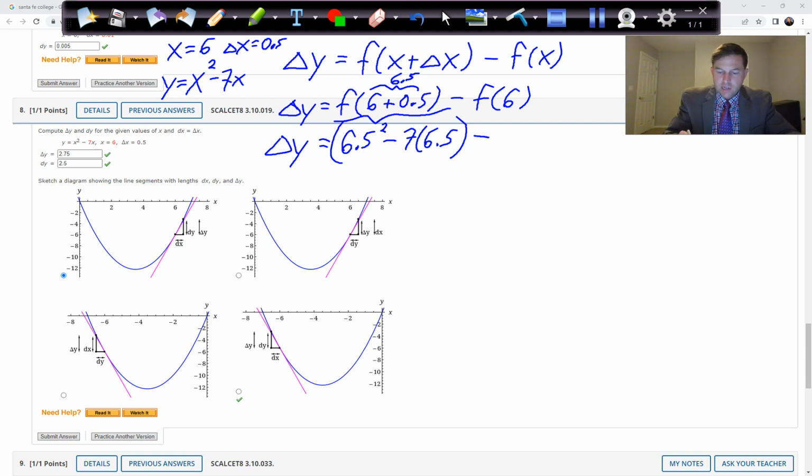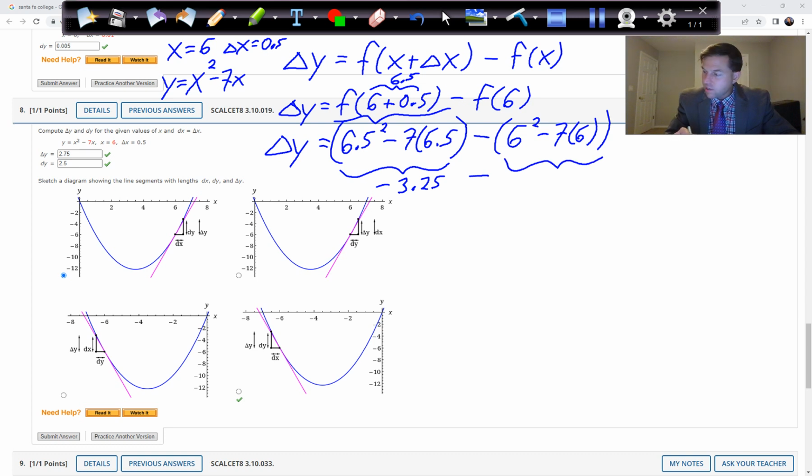Then it's minus f of 6, which would just be 6 squared minus 7 times 6. If you do this right on your calculator, we have negative 3.25 minus negative 6, a double negative, and this whole thing will equal 2.75. So that goes right here.